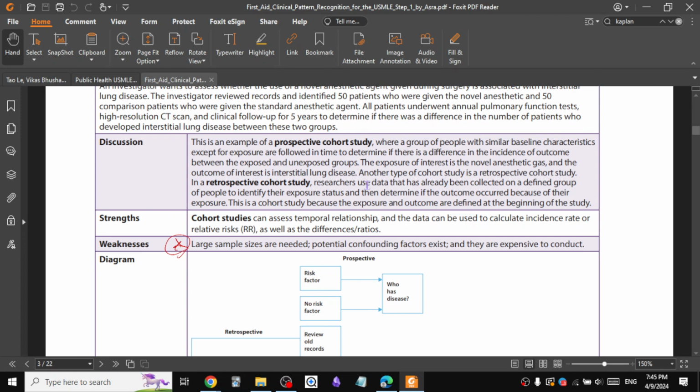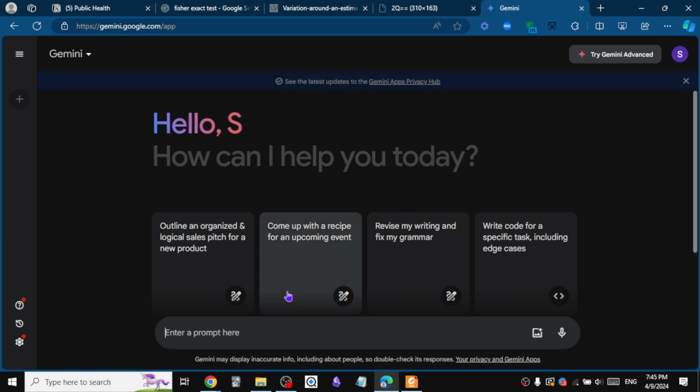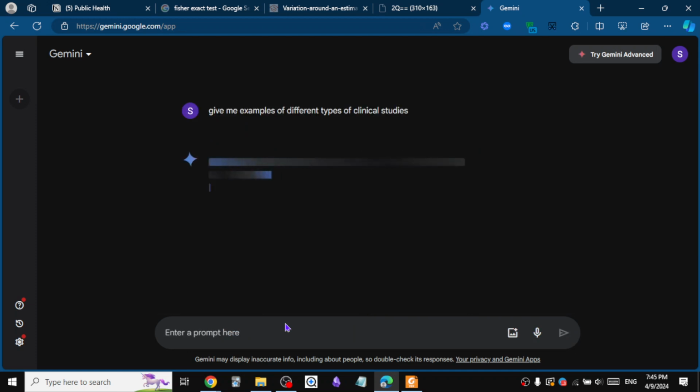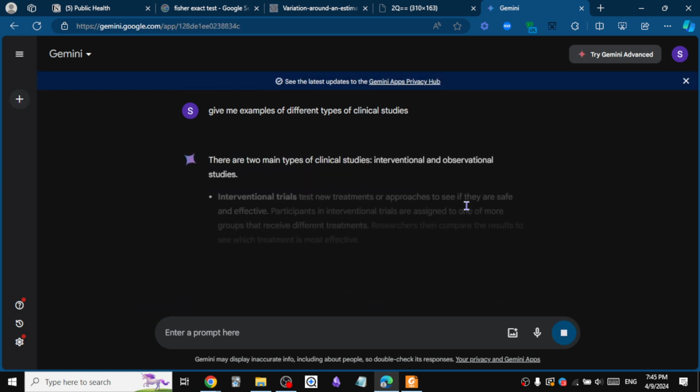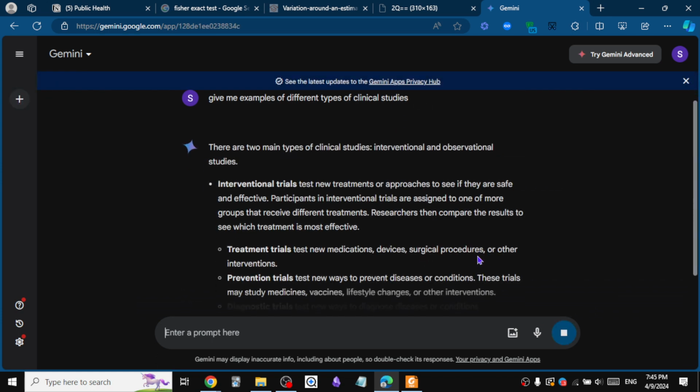Type in, I'll show you, give me examples of different types of clinical studies. Once you do this, you're going to get a lot of examples you can go through.